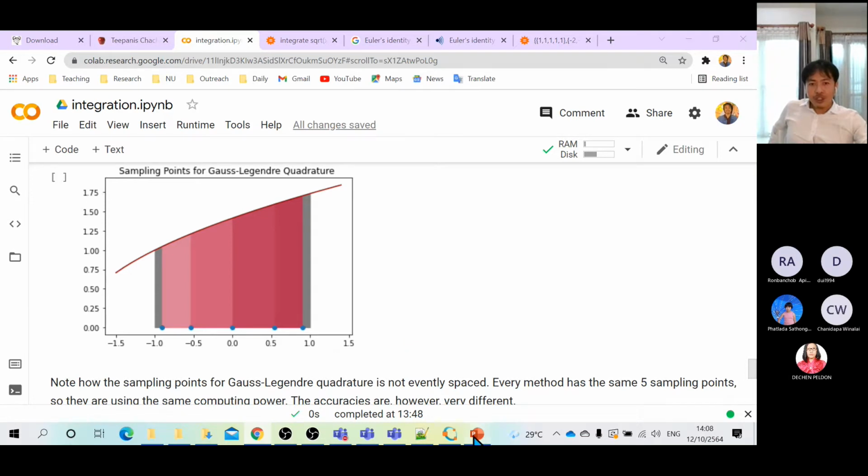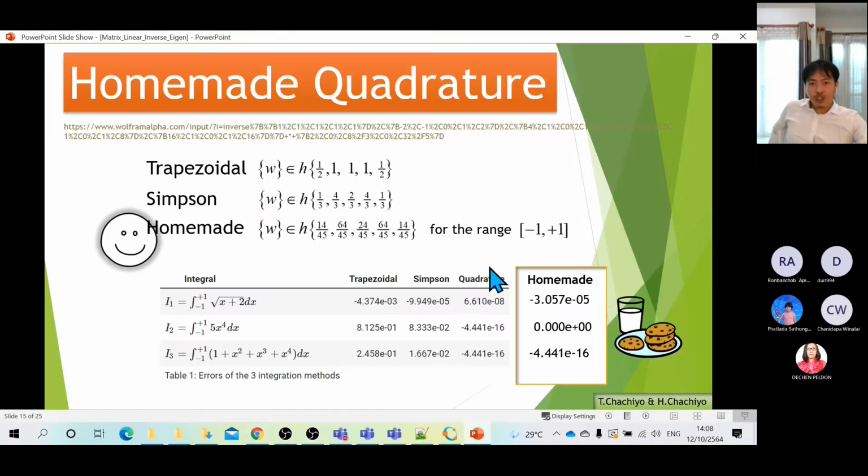So you can imagine that you can make this one better by doing what? Any idea? By changing what of the quadrature?